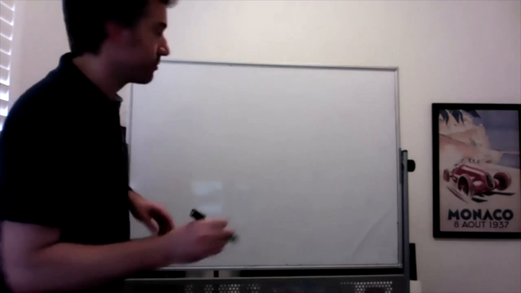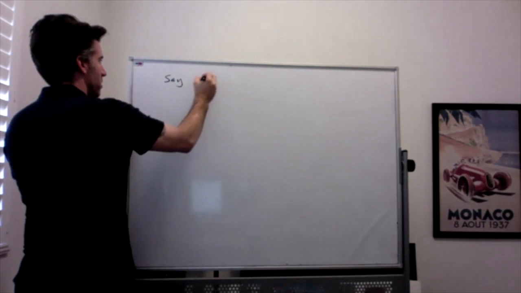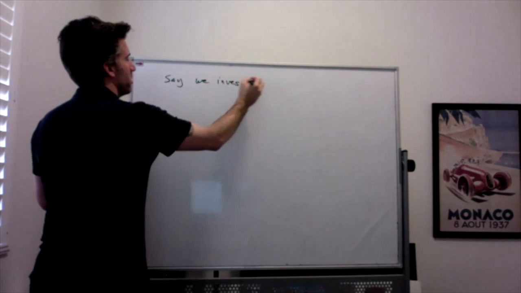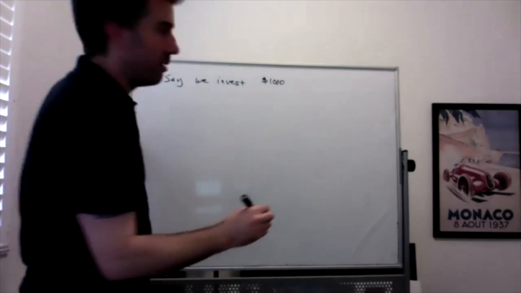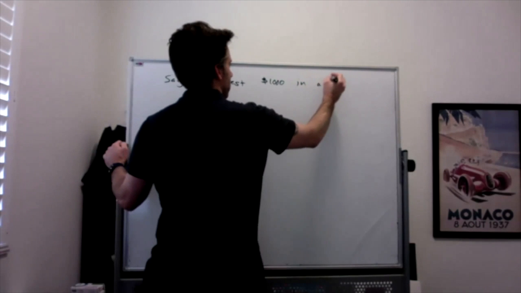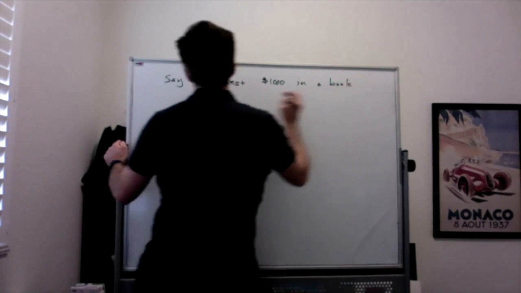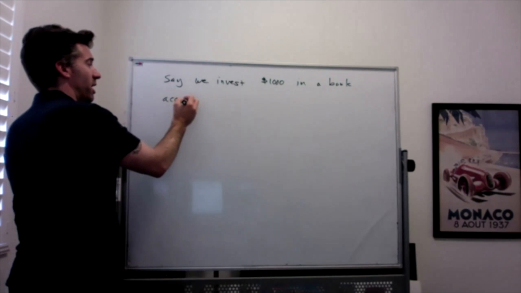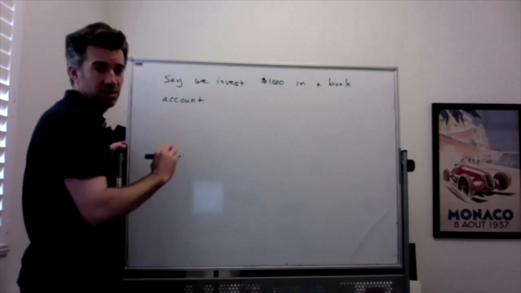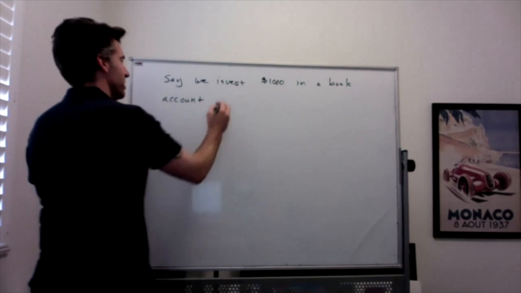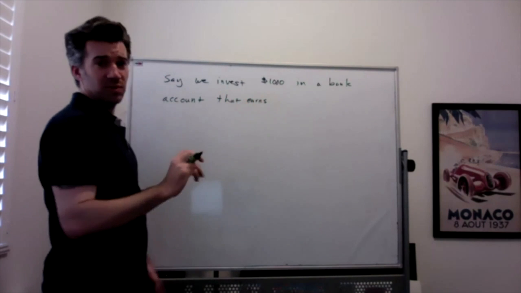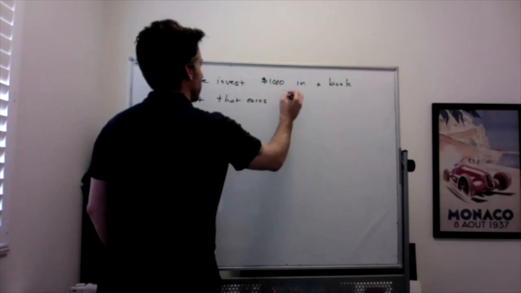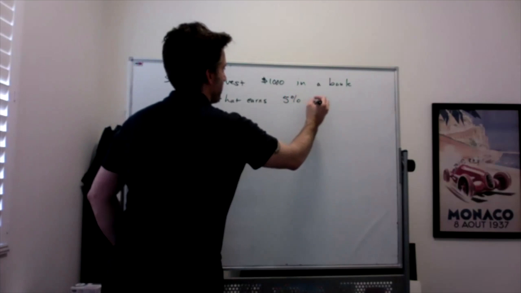So let's say we invest $1,000 in a bank account. Invest seems like the wrong word. Maybe deposit $1,000 in a bank account that earns 5% interest every year, which is certainly, this question was written in a different time when interest rates were much higher.